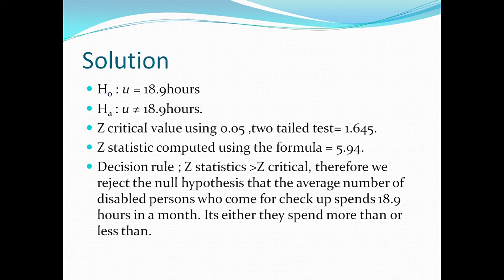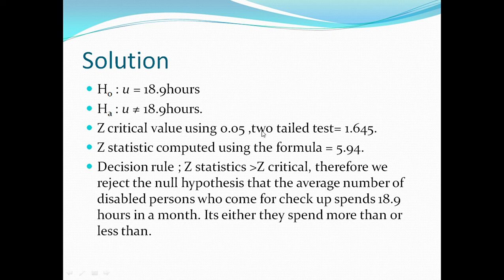A decision rule from this is that when your z statistic is greater than your z tabulated, you reject the null hypothesis. And from our z tabulated, we have 1.645, and our z statistic, which is the calculated, is 5.94.